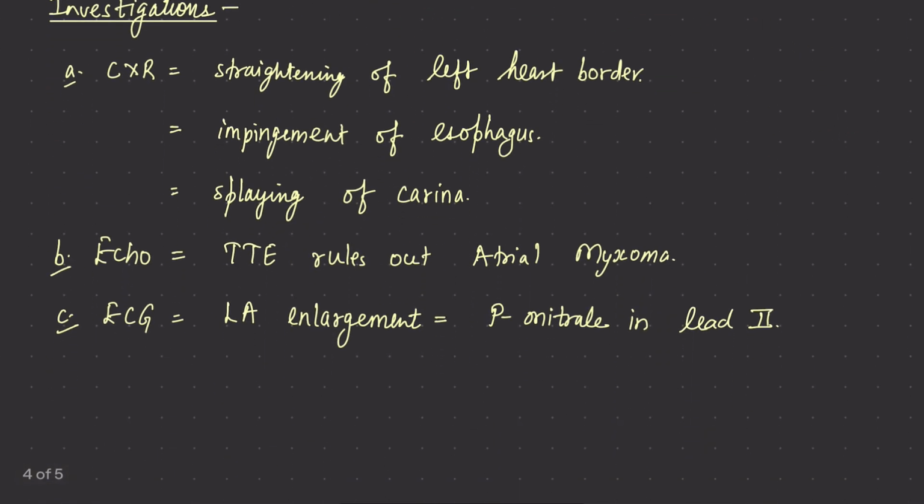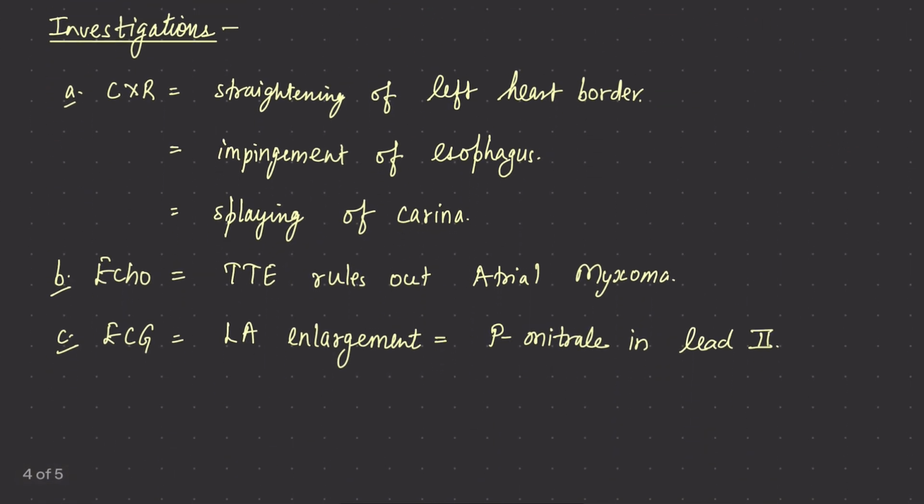Right. How do we investigate the patient? First of all, we will do chest X-ray because the patient will come to us with dyspnea on exertion or dyspnea at rest. What we will see on chest X-ray PA view is straightening of the left heart border, which is obviously a very important sign of mitral stenosis because of left atrial enlargement, right?